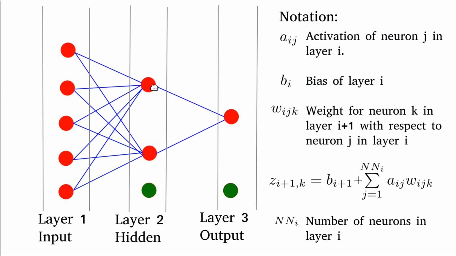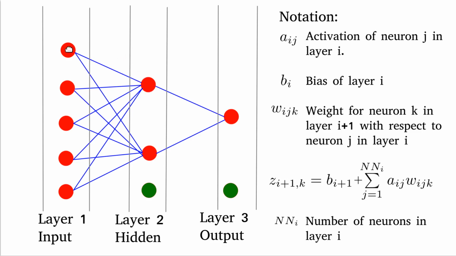So the weight between them would be denoted W111. That's the simplest one, because it's connecting neuron 1 in layer 1 with neuron 1 in layer 2.